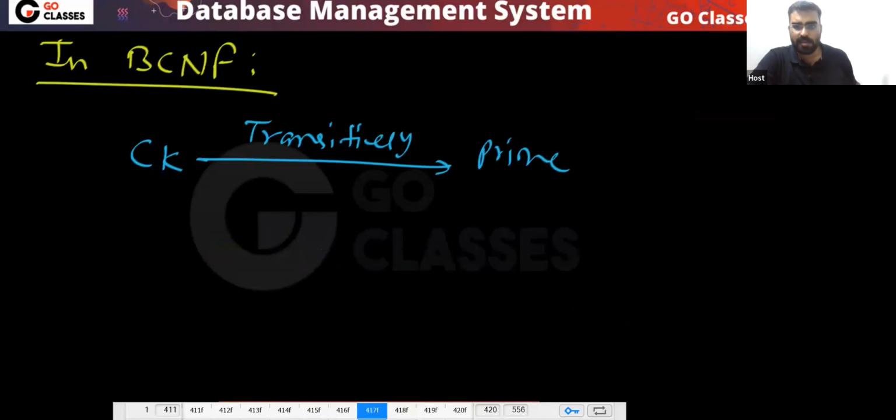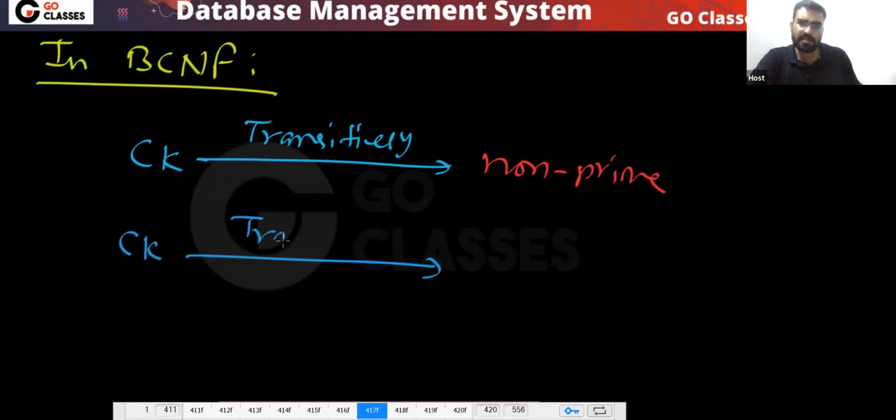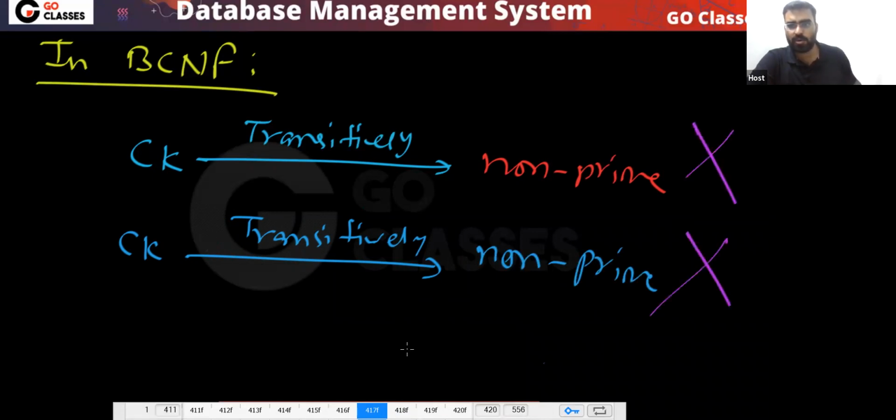The same thing you can say for non-prime also. This type of non-trivial functional dependencies you cannot have. Is this clear? Tell me.